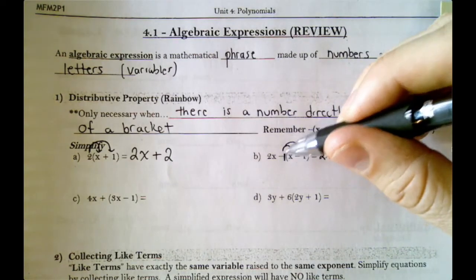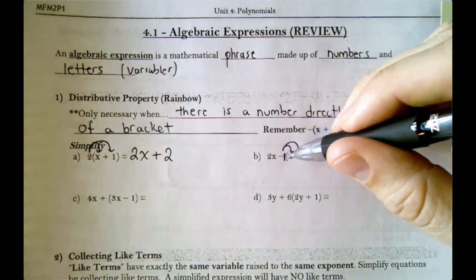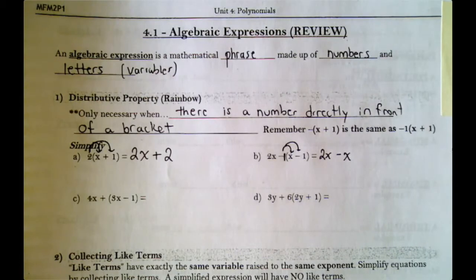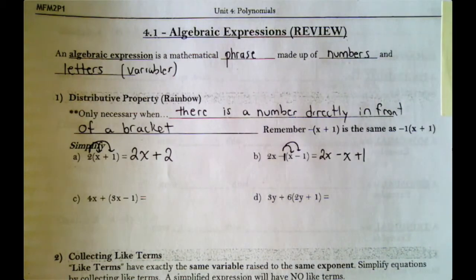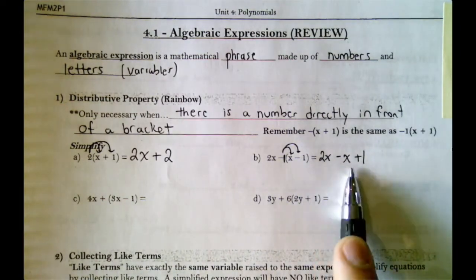The -1 multiplies by the x and multiplies by the -1. -1 times x is -1x, which we can just write as -x. And -1 times -1 is +1. And now if you remember something from the next thing we're going to look at, collecting like terms, we could put our like terms together. But we're going to save that for the next step.